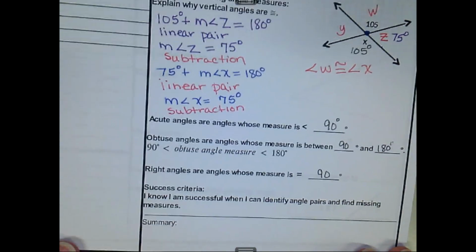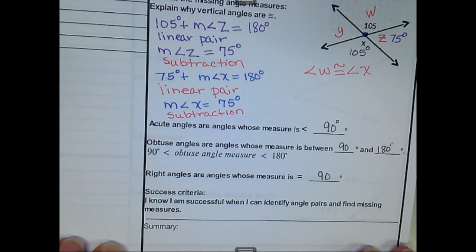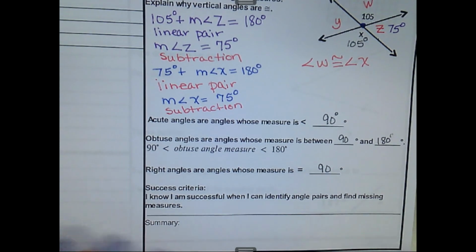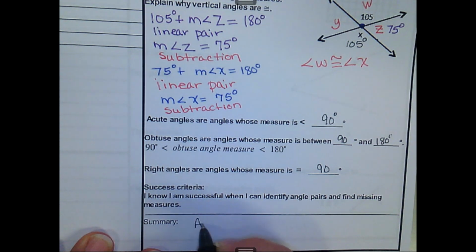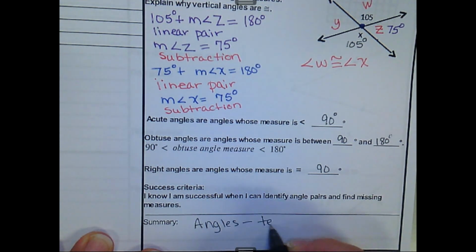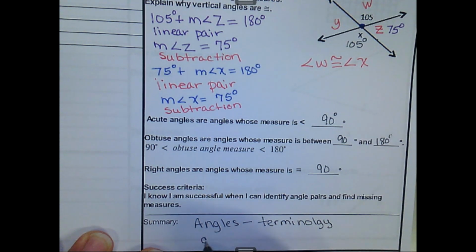I know I'm successful when I can identify angle pairs and find missing measures. So, angles, terminology, and special pairs.